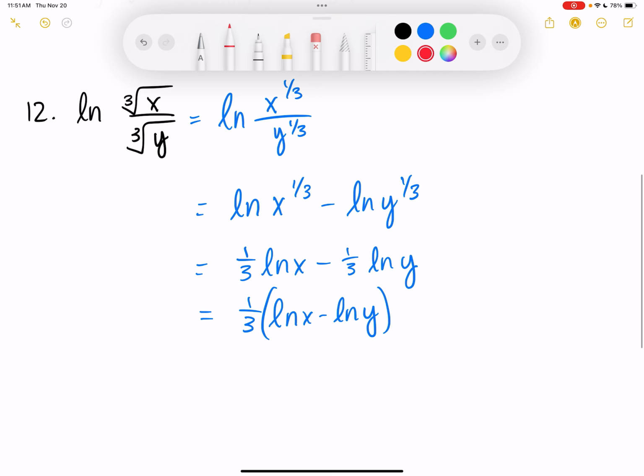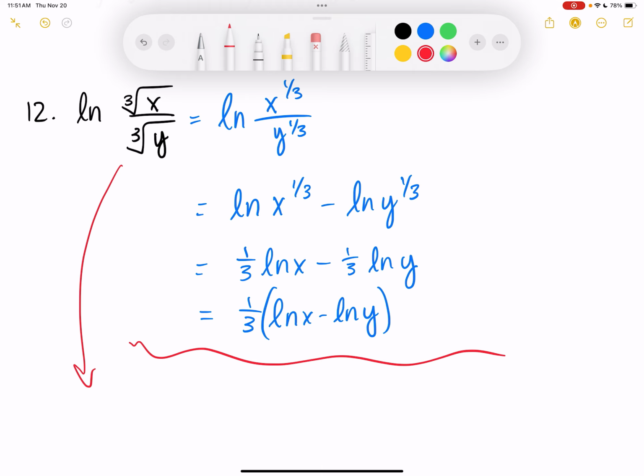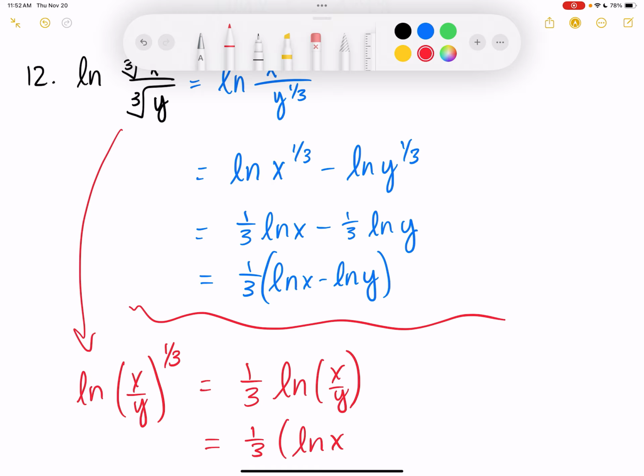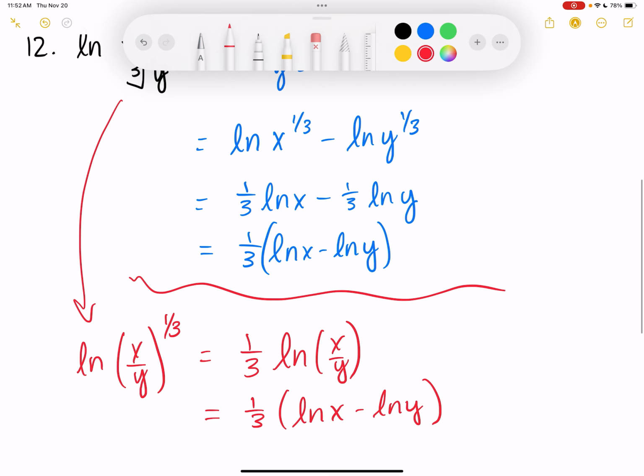So if I took my original problem and rewrote it as the ln of x over y raised to the 1/3, aka I took the cube root of the whole thing, I would have thrown this out front to begin with and done 1/3 ln of x over y, because the whole thing was in parentheses raised to the 1/3. And then at that point, I would go to 1/3 times the ln of x minus the ln of y that way, and you could have gone about it that way as well if you wanted to.